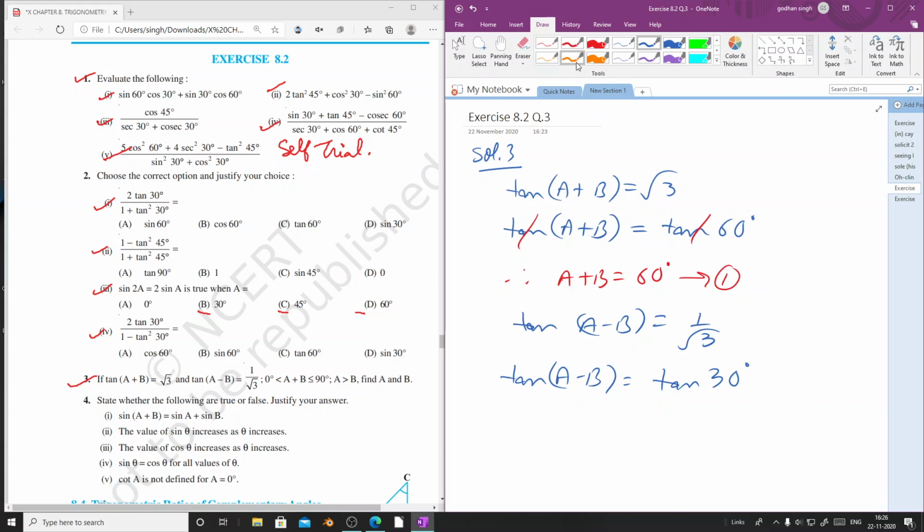Now again, cancelling tan on both sides, we get A minus B equal to 30 degree. Let this be 2.